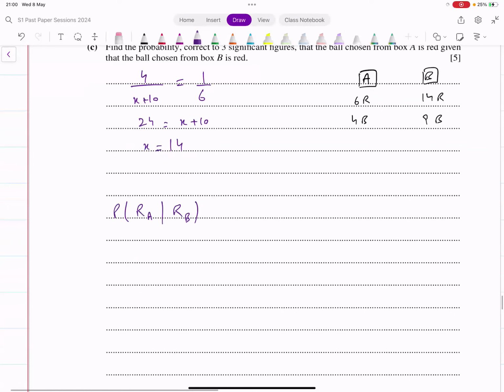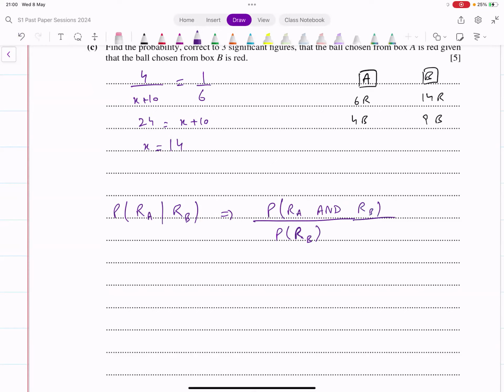Now, what does that mean? In the denominator, you have the probability of what is given. What's given? That the ball chosen from box B is red. That's what you have in the denominator. In the numerator, you have the probability of both of those conditions being true, that the ball chosen from box A is red, and at the same time, the ball chosen from box B is also red.